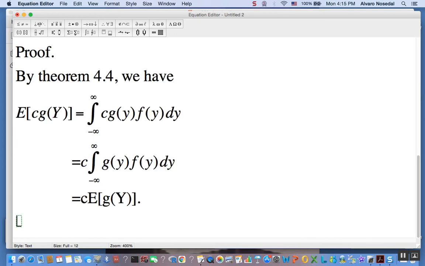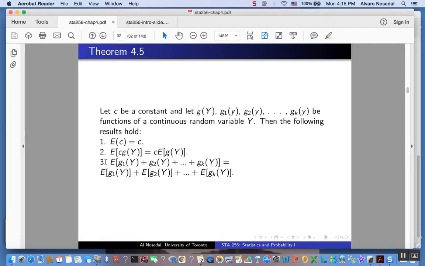Done. Easy. Right? Now, let's see, I believe we wanted to show something else. Part C, third part. We wanted to show that the expected value of g1 at y plus g2 at y plus gk at y equals the sum of expected values, right?